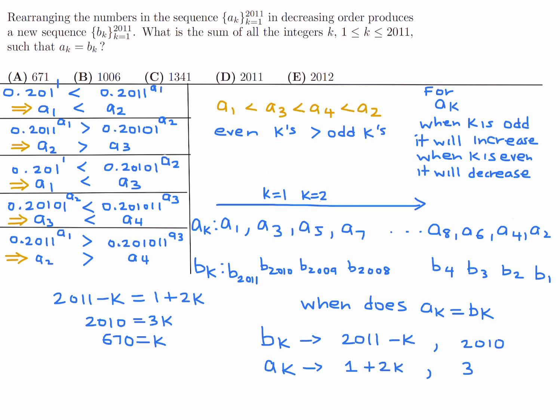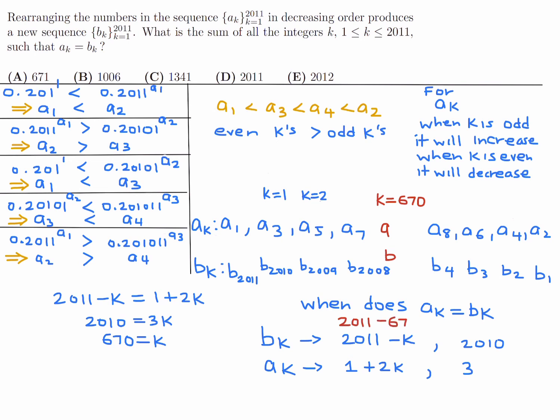So when K is 670, somewhere in here, we're not sure exactly where, what is going to be my value for A and B?